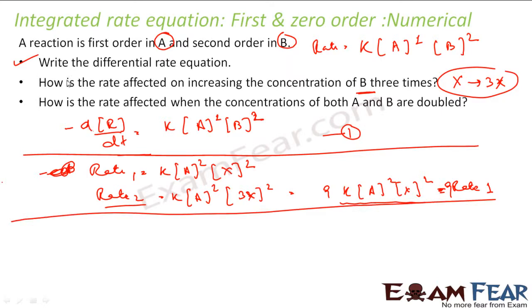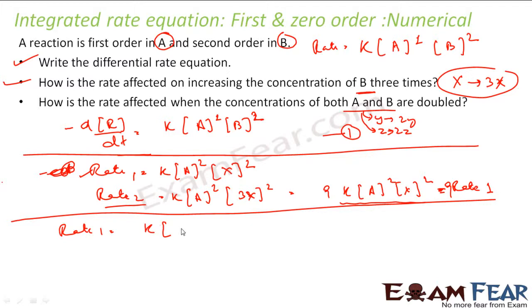Now the next question is, how is the rate affected when the concentration of both A and B are doubled? So let's do the same thing. Let's suppose rate 1 is k, concentration of A, let's suppose, goes from Y to 2Y and B from Z to 2Z.